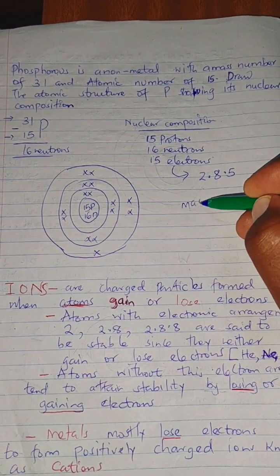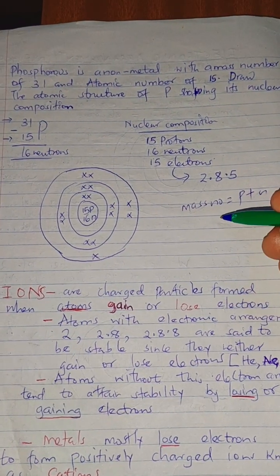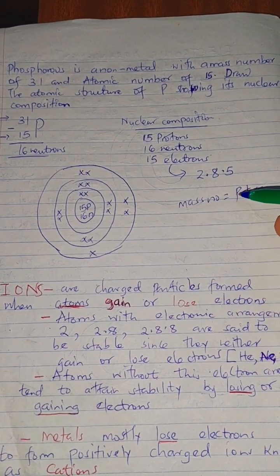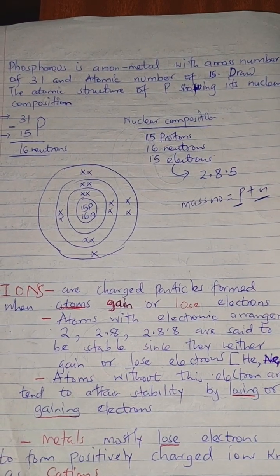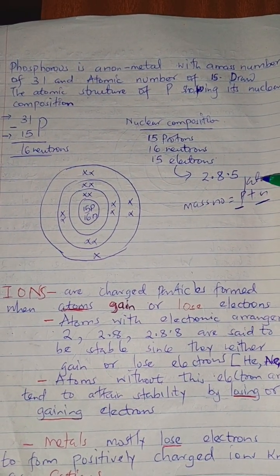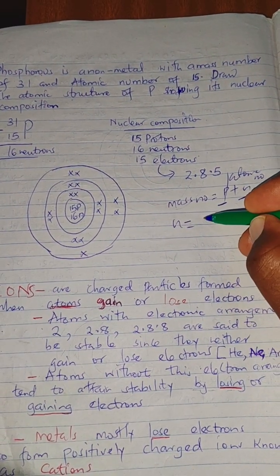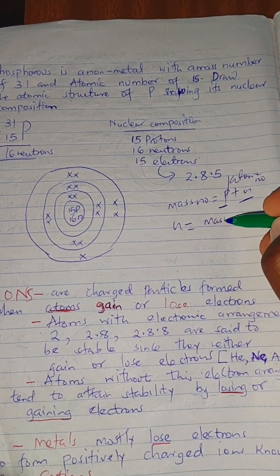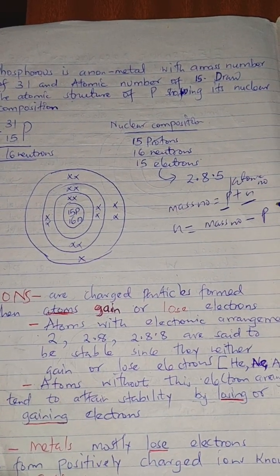Mass number is equal to P plus N. So we have mass number, we don't have neutrons. Protons is the same as atomic number. So finding neutrons is mass number minus protons or atomic number.